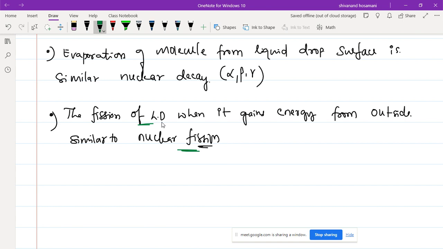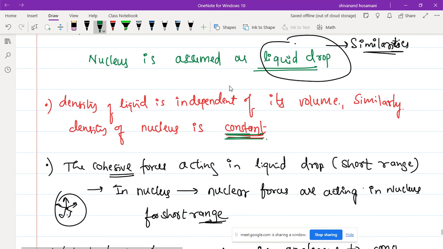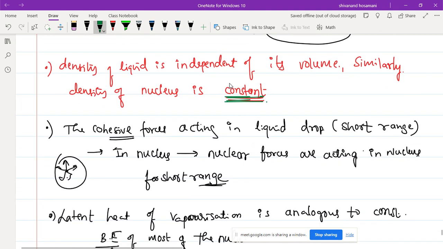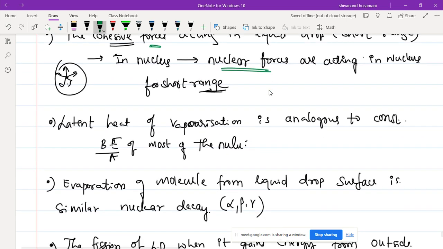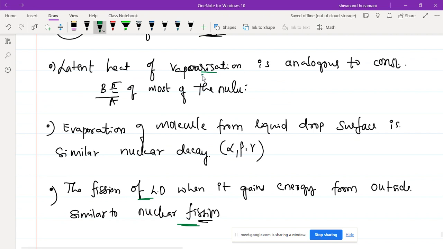That's why we treat the nucleus as a liquid drop. The main reason is that its density remains constant. Second, cohesive forces act inside the nucleus like nuclear forces. Then latent heat of vaporization is almost constant, as is binding energy per nucleon for most of the nuclei.